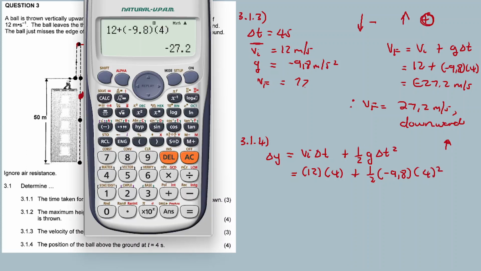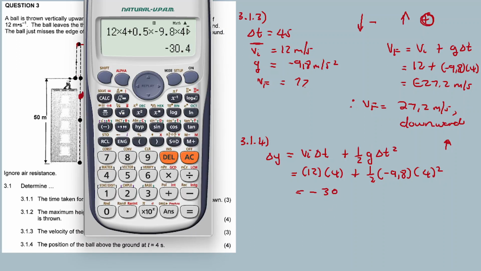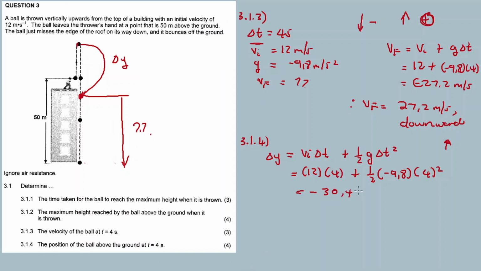Then we calculate 12 times 4 plus 0.5, which is a half, times negative 9.8 times 4 squared. I should get negative 30.4 meters, right? But the negative is still good, it's 30.4 meters down.